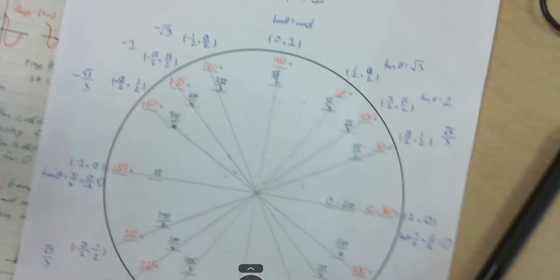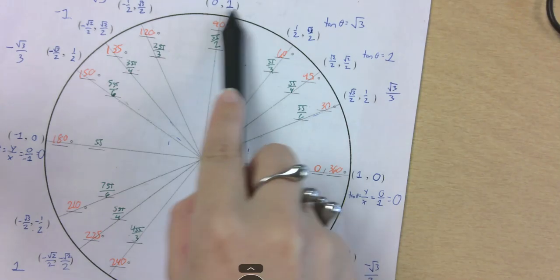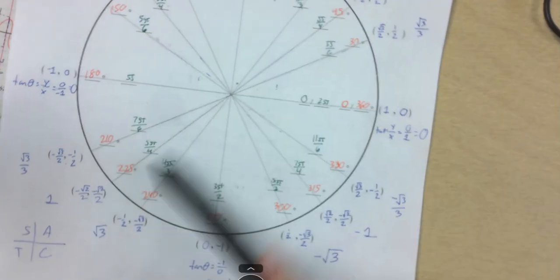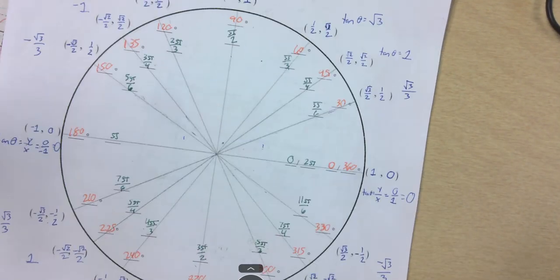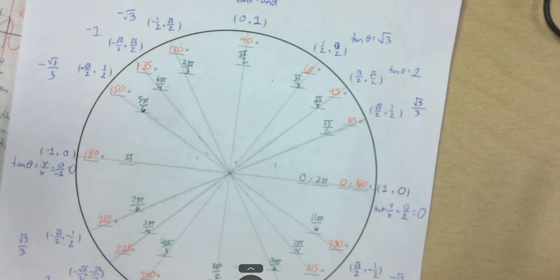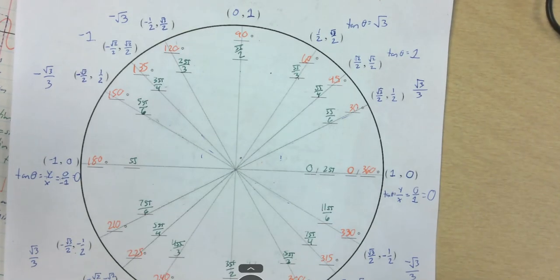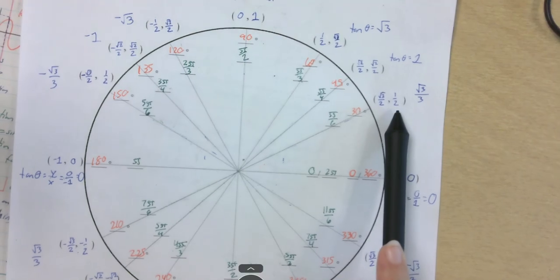Okay, look at this. I'm looking at all of the y values right now because we're looking at sine. Where is this y value 1/2? 30 degrees? Okay. There's another solution to this.